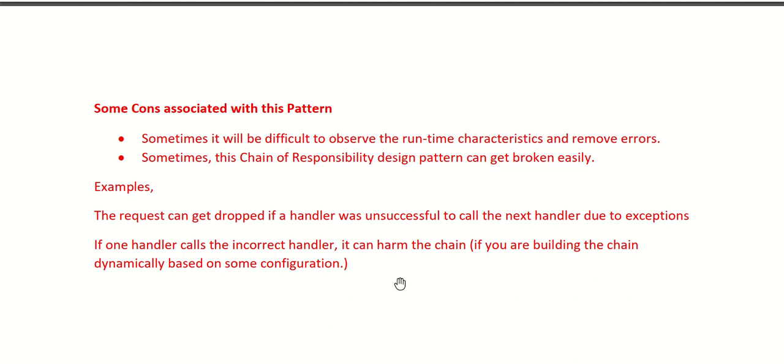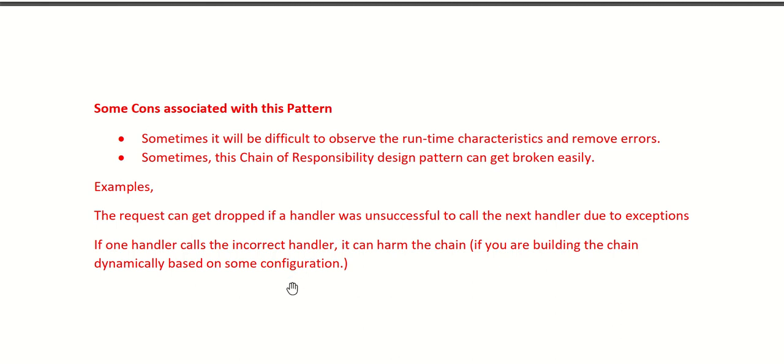Suppose you are building your chain of responsibilities dynamically based on some configuration coming from a configuration file or a database, and due to some reason somebody played with that configuration and made a mistake while setting it up, you will end up harming the entire chain itself. So these are some things we have to take care of when we are dealing with the chain of responsibility design pattern.